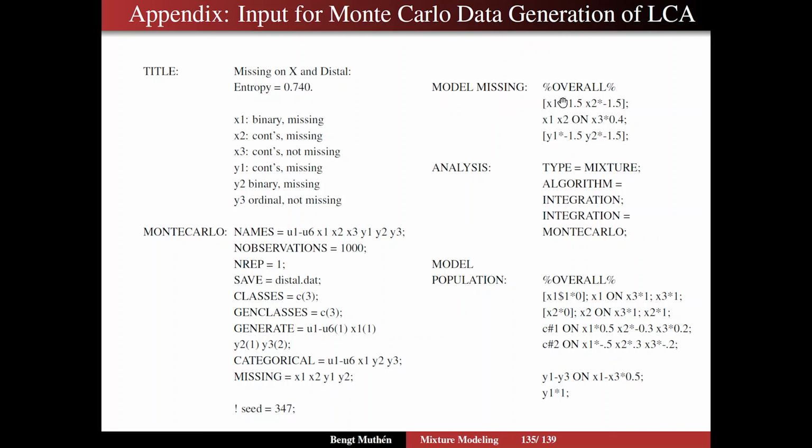Then you have a model missing command, which we just looked at, to which we add missing on y as well. The missing on y here is missing completely at random. There's no regression on another observed variable. So it's type equals mixture, algorithm equals integration, integration equals Monte Carlo, like we talked about before. And the model population then specifies the exact values for each parameter.